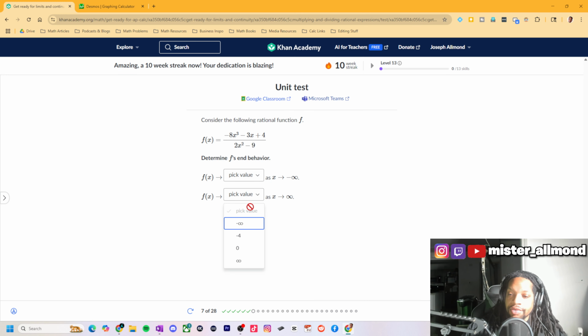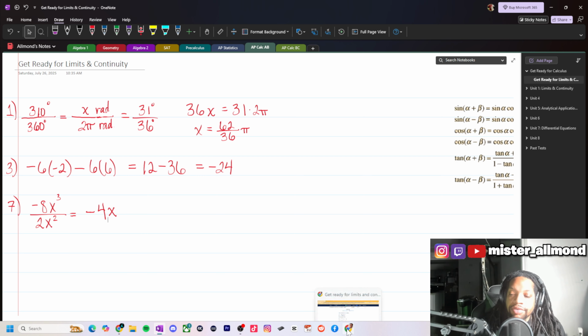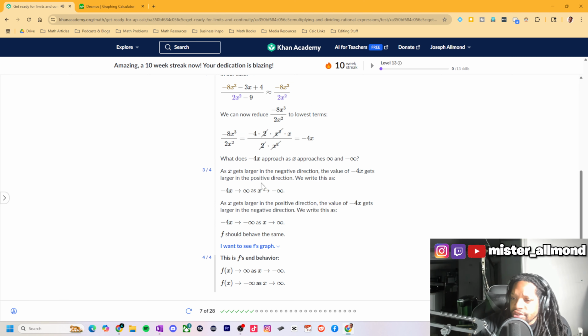As x goes to infinity, this one gets smaller and smaller because the number gets more and more negative. And the opposite has to be true, because if x is getting more and more negative, that'll be a negative times a negative, which is a positive. So it'll get really positive. That's my logic. Let's go. What is their logic?